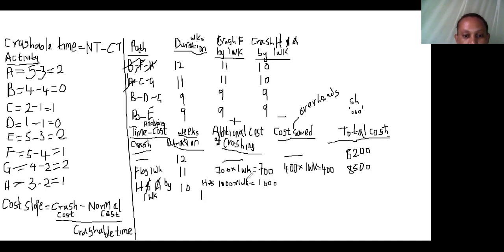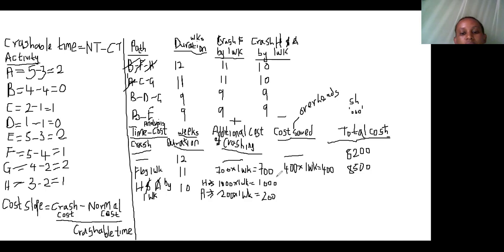And then we have activity A, whose cost is 200,000 per week, and it was just 1 week again, giving us 200, making a total of 1,200.